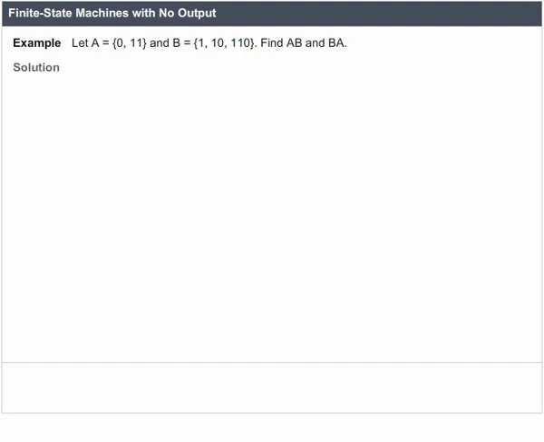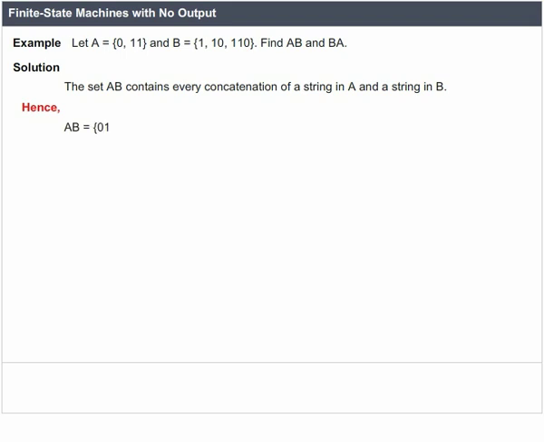The set AB contains every concatenation of a string in A and a string in B. Hence, AB = {01, 010, 0110, 111, 1110, 11110}.